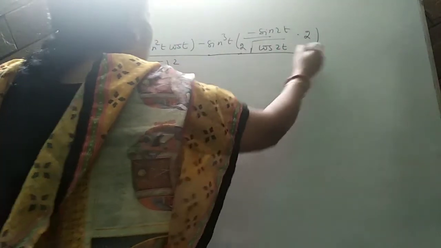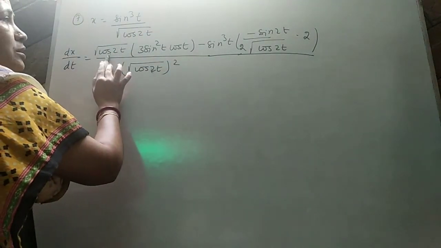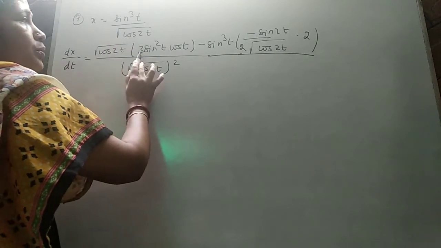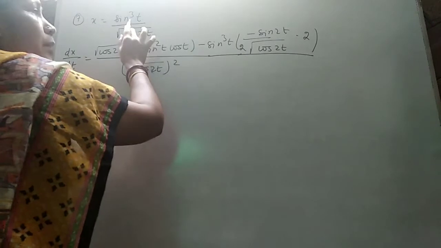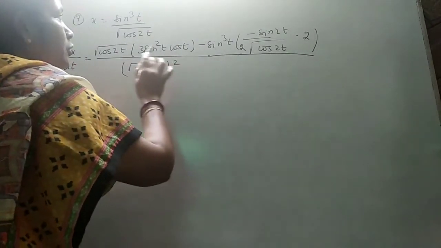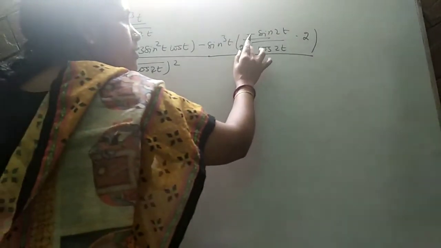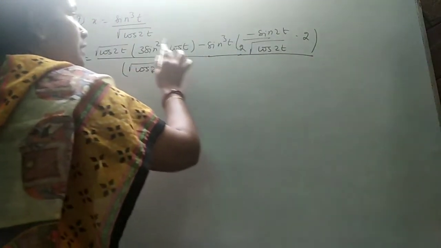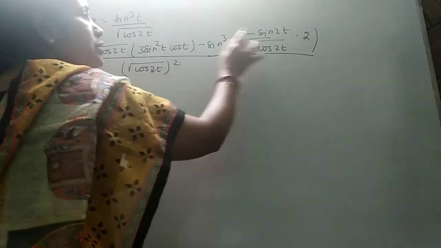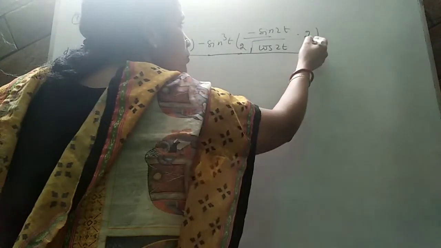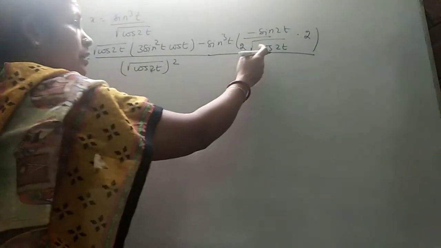Once again, what I told you: denominator square, denominator is a constant, numerator differentiation of sin cube is 3 sin square into differentiation of sin, cos t, minus, I'm keeping numerator constant sin cube t, denominator differentiation first under root differentiation 1/2 under root of cos 2t into differentiation of cos, minus sin 2t into differentiation of 2t, we will get a 2. So this 2 will be cancelled. How I am doing simplification, listen here.